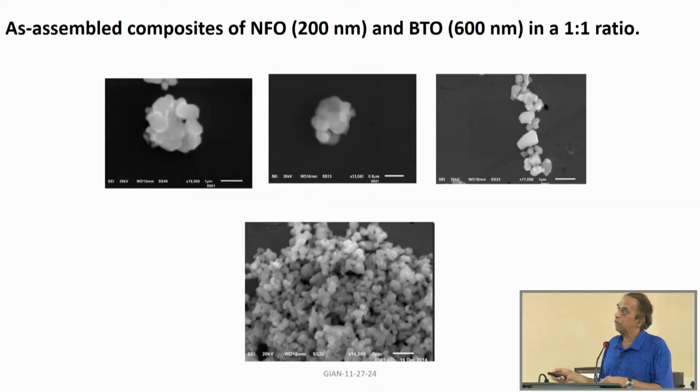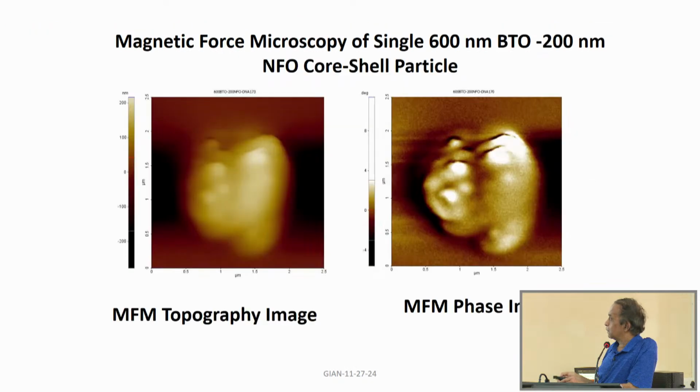And these are some of the images for the core shell particles assembled with DNA, and you see a single particle with a core and a shell all the way to the left. The center one shows a similar core shell particle, and this one is a string of core shell particles, and this one is a collection of these particles.